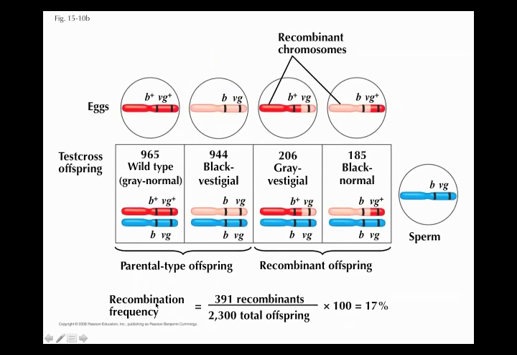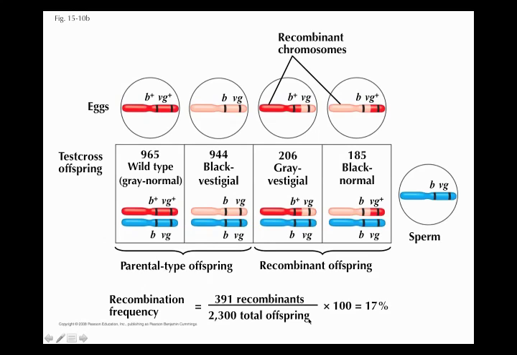And then this ability to calculate recombination frequency is important. So it basically makes logical sense. If you want to know how frequently something recombines, you want to figure out what percentage of your offspring are recombinants. So you're going to take the numbers of everybody that's mixed up, all the mixed phenotypes that are different from the parents, that are a combination of two. You take those and you add them together, and you put it over the total number of offspring.